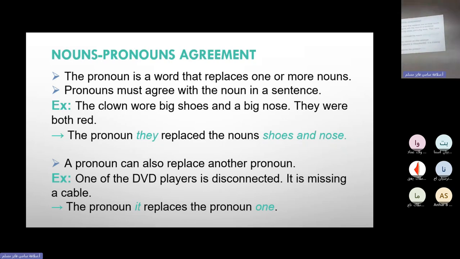The pronoun is the word that replaces one or more nouns. The book is a little bit confusing. For Unit 2, you can either read it as the book gives it, or go through my presentation and check the titles in your book to read more and get more examples. Focus on the presentation now, and then you can read more about it.